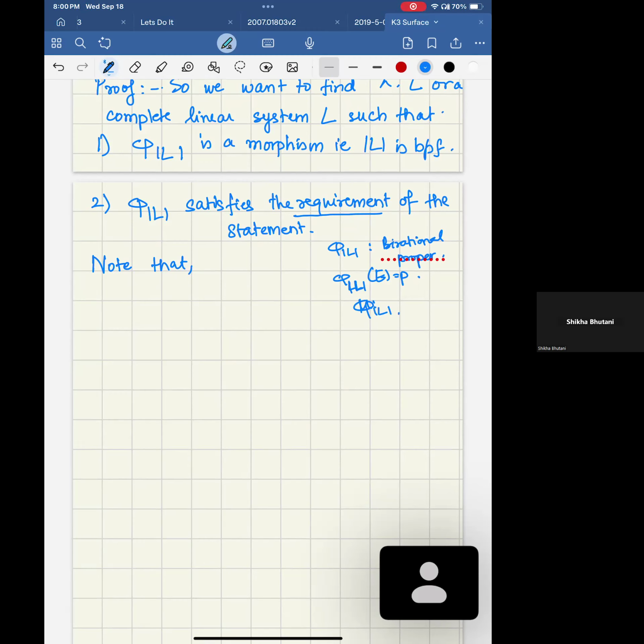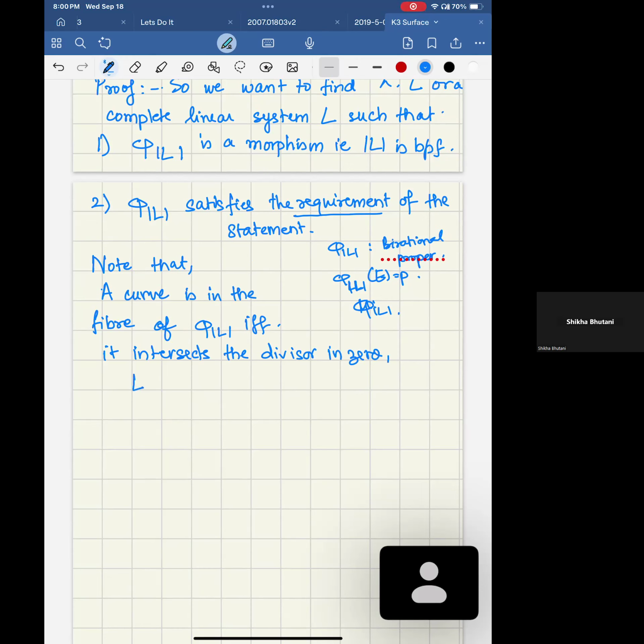Recall that a curve will be in the fiber of phi L if and only if it intersects the divisor in 0.